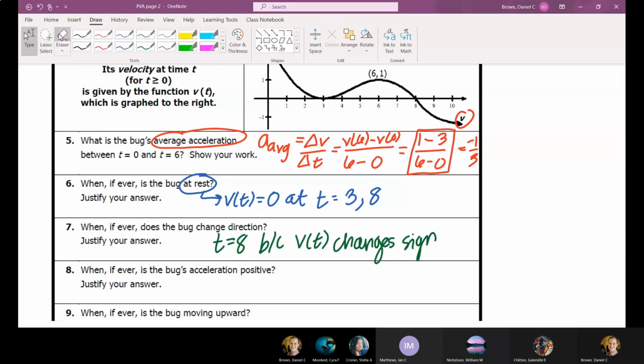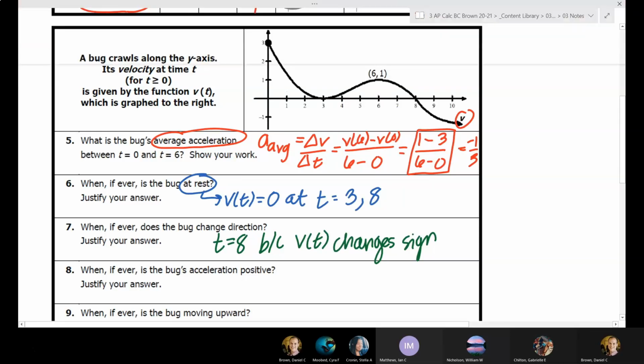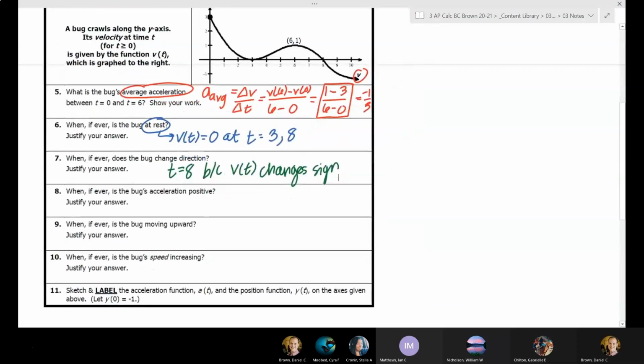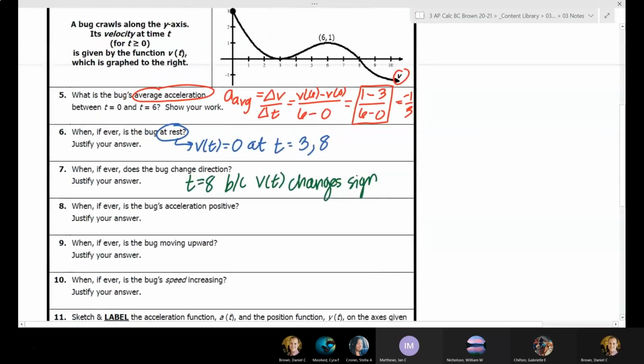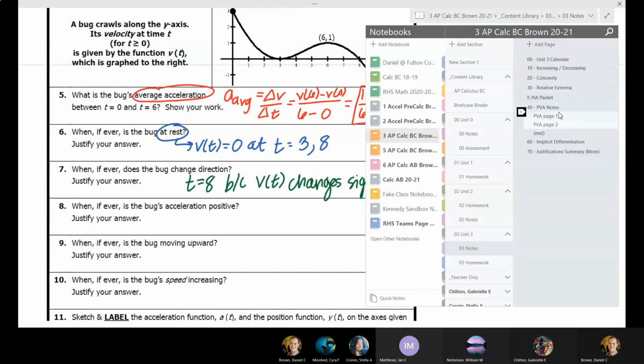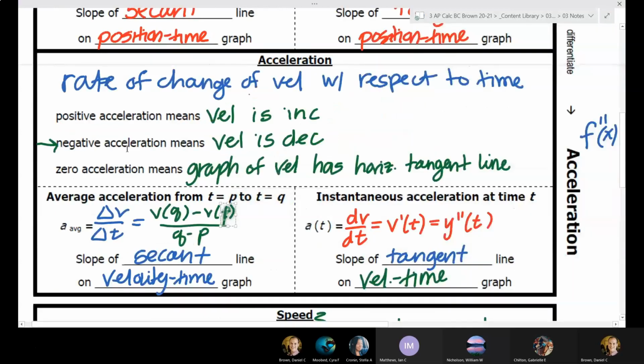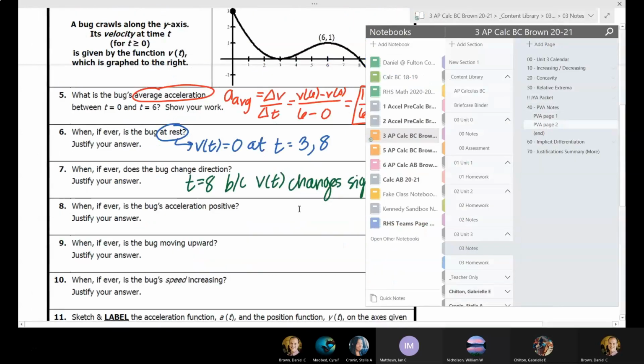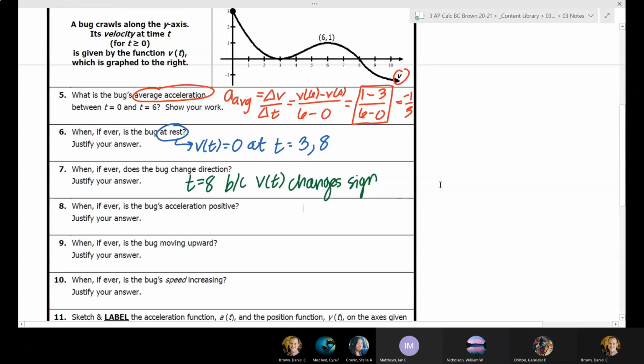Number 8, I have when, if ever, is the bug's acceleration positive? So we want to think about a positive acceleration. If it helps, I'm going to go back to this page first so we can look at it. A positive acceleration means that the velocity is increasing. So we can use that to do my justification. If a positive acceleration means that velocity is increasing, I can look at your graph, my graph, whatever.